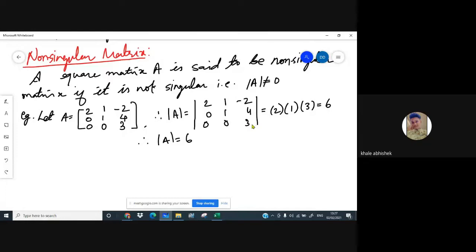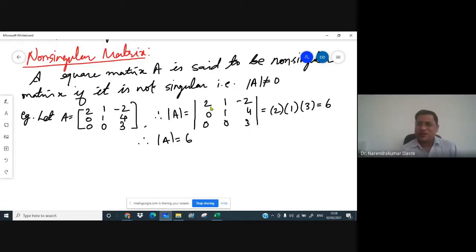That's why I have written it. You can expand this to check. You will have 2 into the determinant of this, 1 into this will be 0, 2 into this will be 0. So the only thing that remains is 2 into 1 into 3, which is the product of diagonal entries. That's why we get 6. So is it 0 or non-zero?